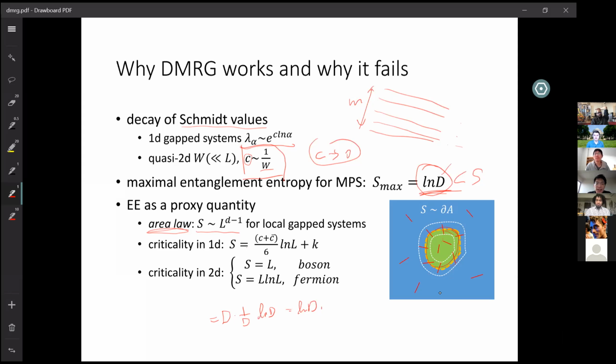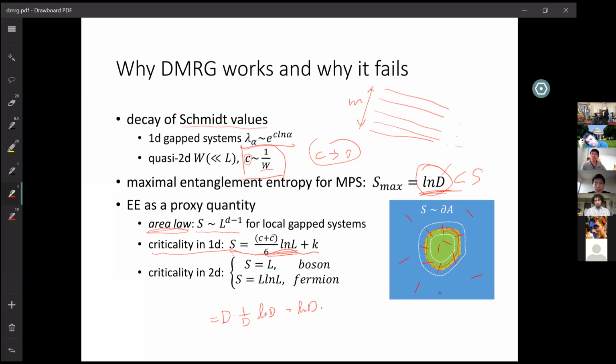Okay, got it. Also, in 1D, if you look at the critical case, the entanglement entropy scales very slowly with L, right? So usually we still believe these kinds of problems are treatable by DMRG.